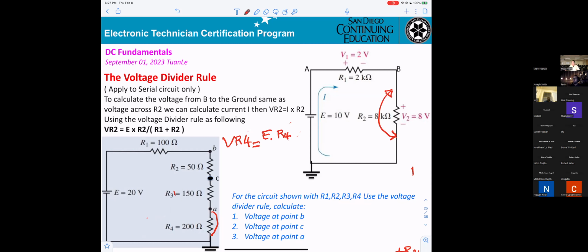E times R4, right? Divide. And then you add up the resistors.